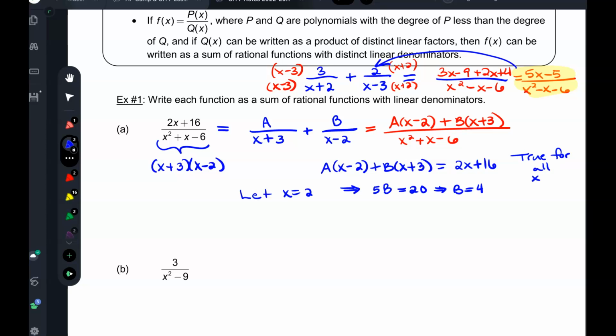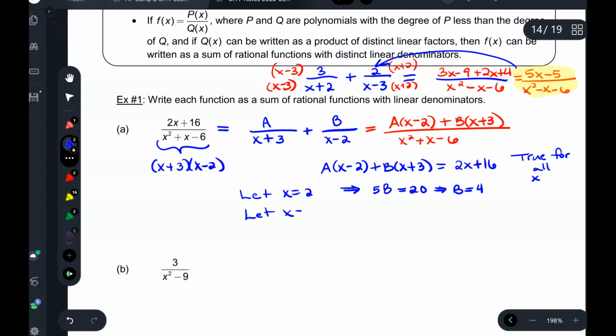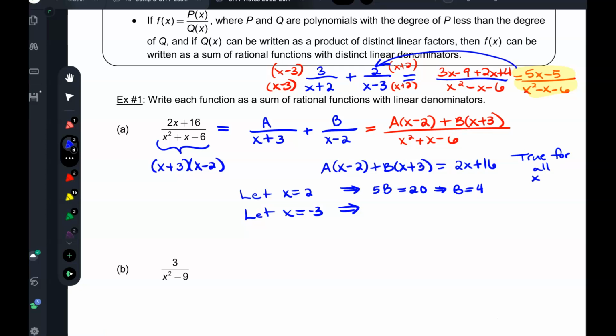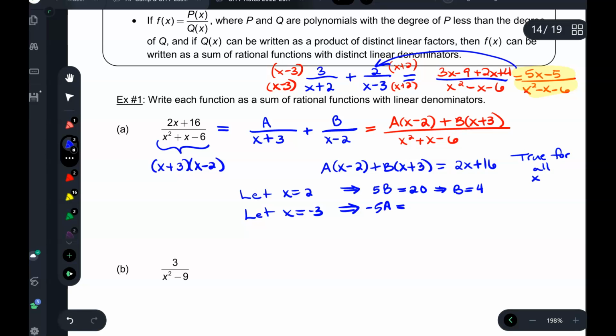Then we do the opposite. So now let's let x equal -3. That'll be -5A equals 10, which implies A is -2.